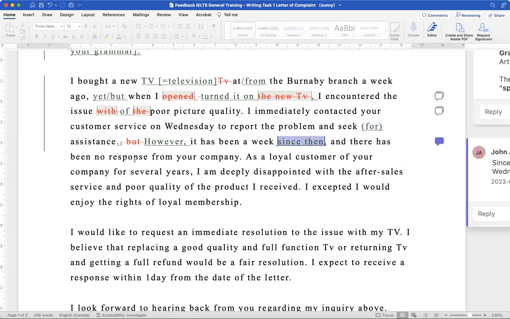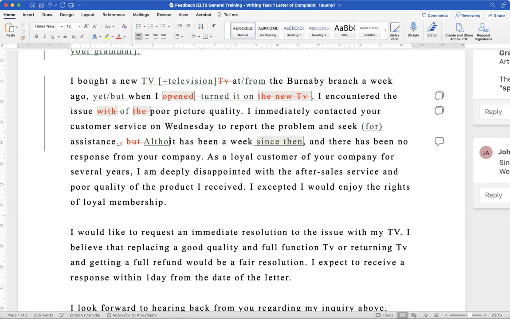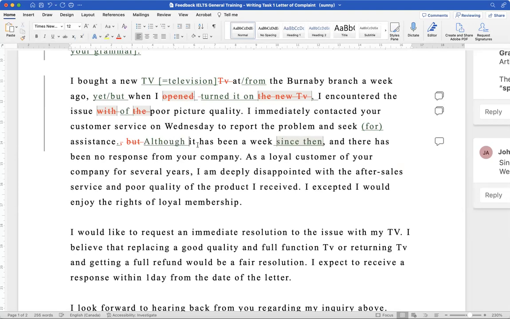and there has been no response. We can say although it has been a week, since then, there is no answer. There is still no response from your company.